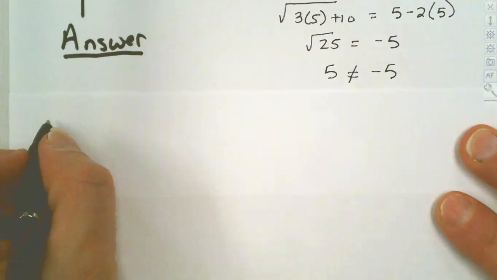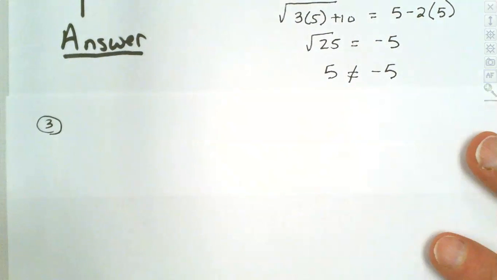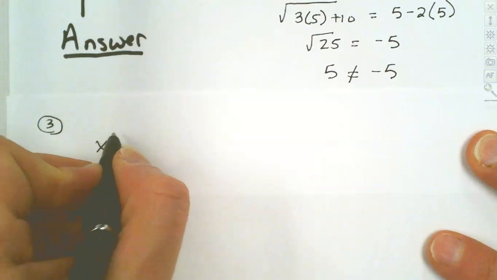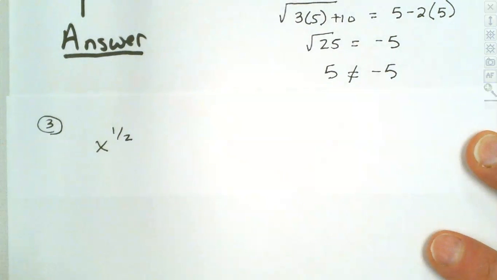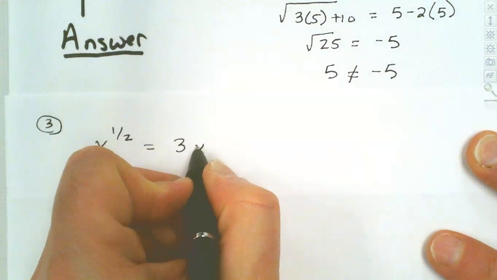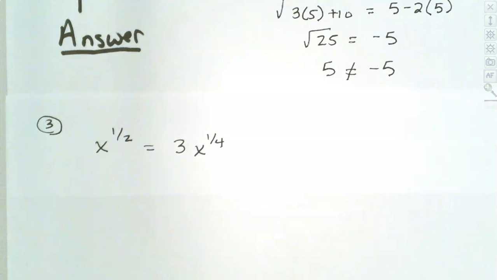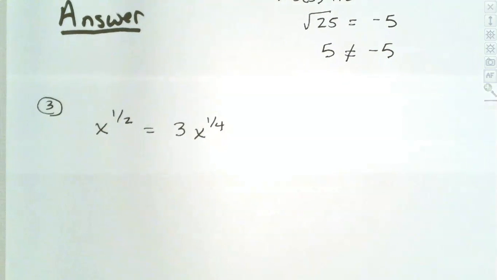Question 3 is next here. So question 3, we've got x to the 1/2 power equals 3x to the 1/4 power. To solve this question, what we need to do is get rid of our fractional powers.